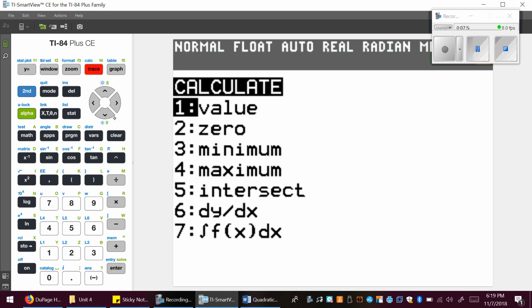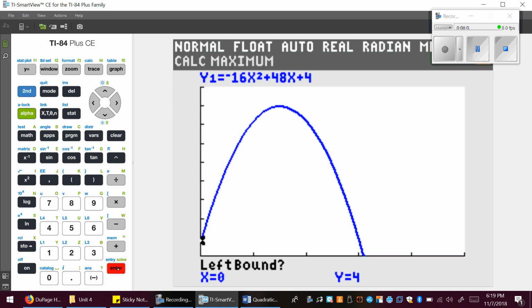We've used intersect. This time I'm going to go find the maximum, and it'll ask me for a left and a right bound. So what I need to do is just make sure my cursor's to the left of the vertex, which it currently is. I could hit enter right now. I'm going to get a little bit closer to it. And I hit it too many times. Maybe. I don't know.